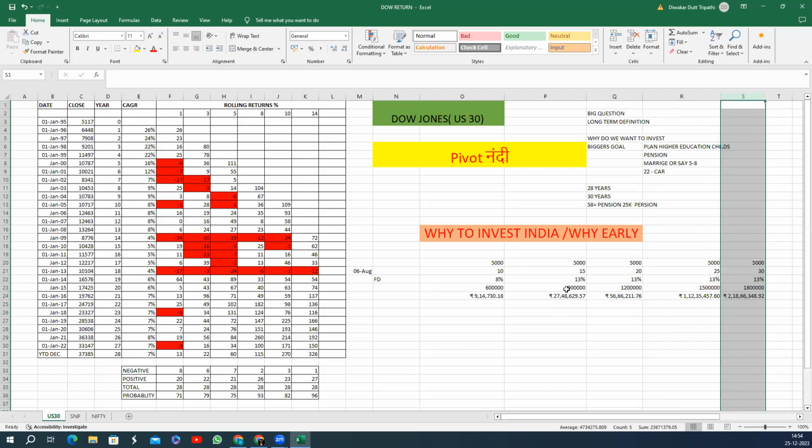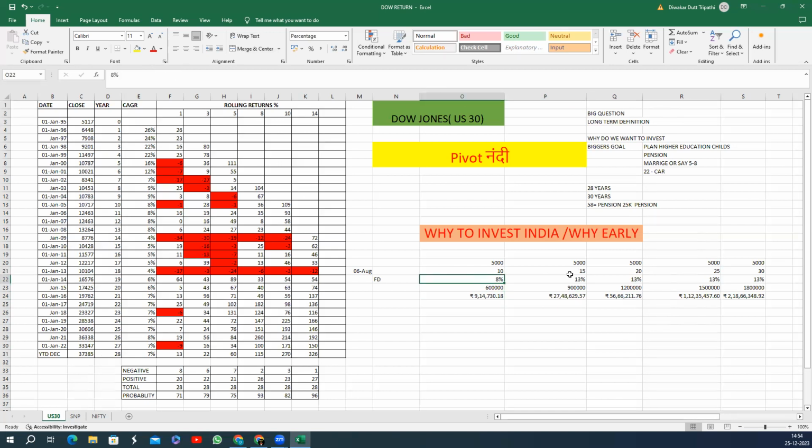You can see a person who has a longer-term horizon for his investments. If somebody is investing for a 15-year period, let's look at the difference. A person who has got just 5% extra return, the 9 lakh rupee value is going to change to 27 lakh, almost three times higher than the value of FD returns.